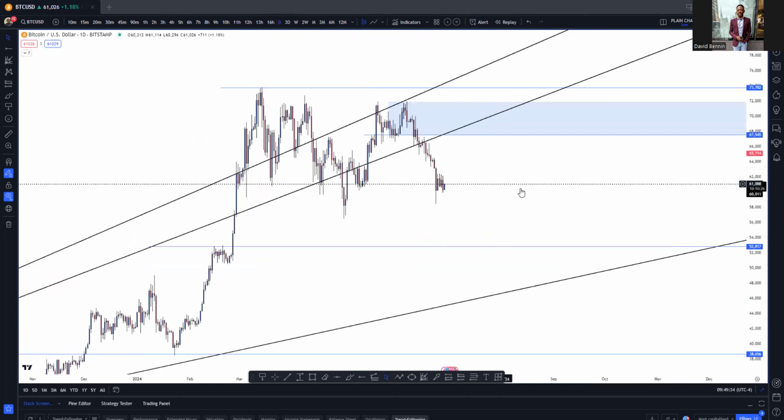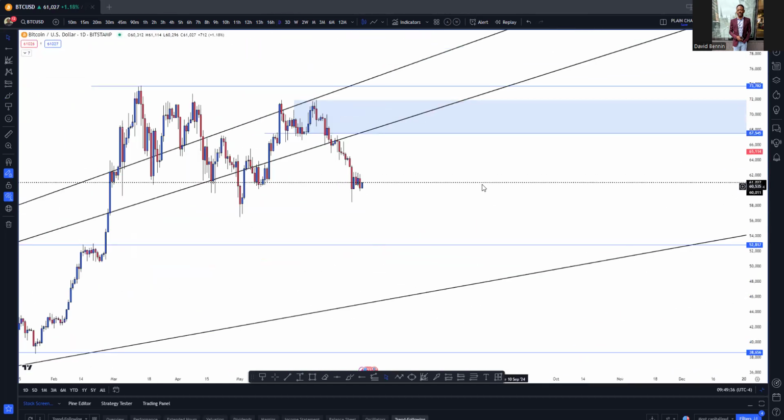Right. So back on the daily time frame from the weekly time frame, this is a significant level here. So right now, this is what I was talking about. This resistance needs to be taken out. And if it does take out, we could come back to 67K.